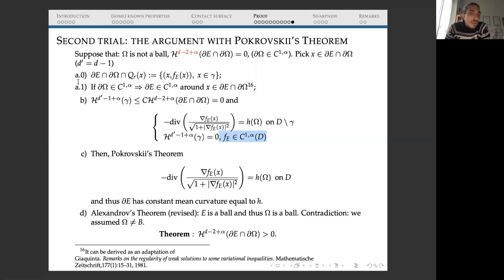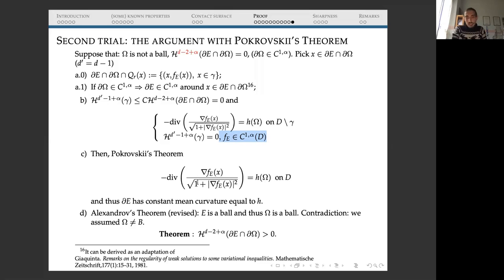So once you've done A1, you observe the inequality in B, you write down this condition, then you invoke Pokrovsky's theorem, because you have all the ingredients. And then, as before, this gives you the constant mean curvature equation on the full D, which gives you the boundary of E as having constant mean curvature equal to H around the contact point, which, coupled with the information that the boundary of E has constant mean curvature also in the part which is the free boundary, tells you that E is a ball.